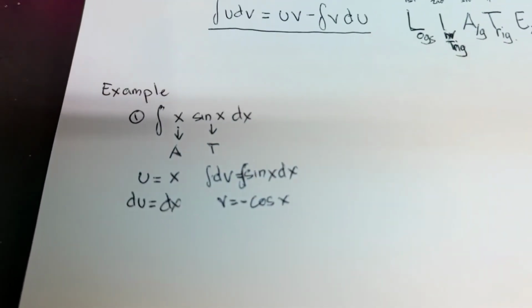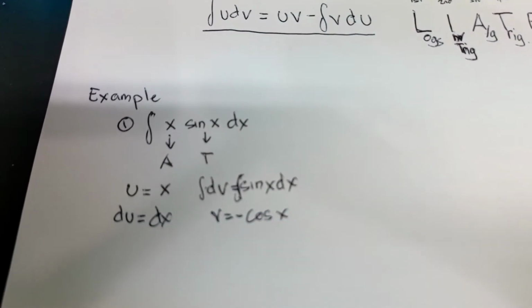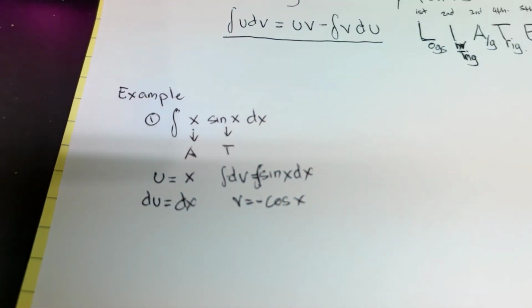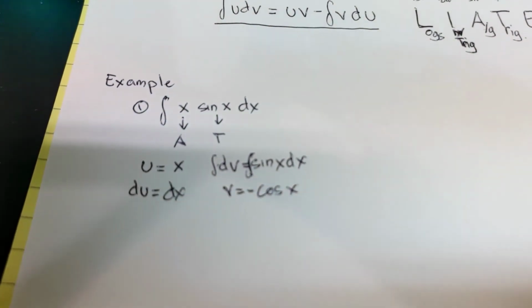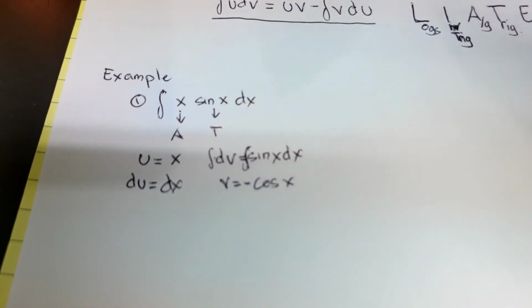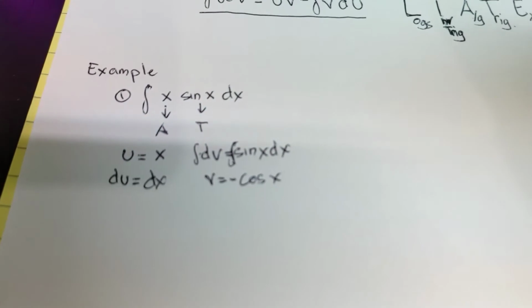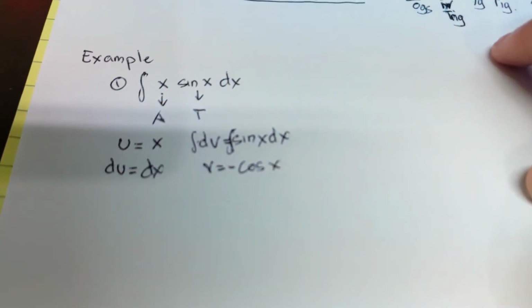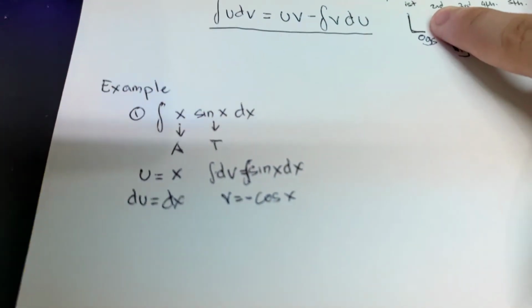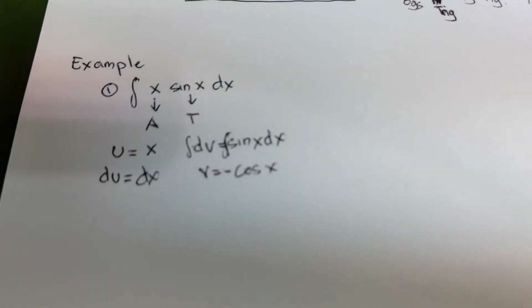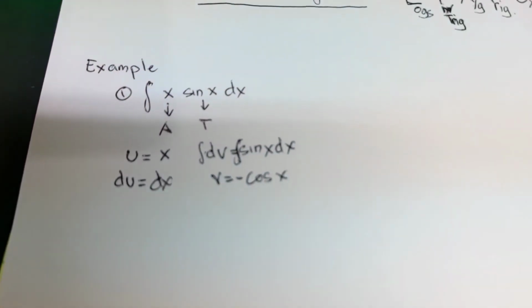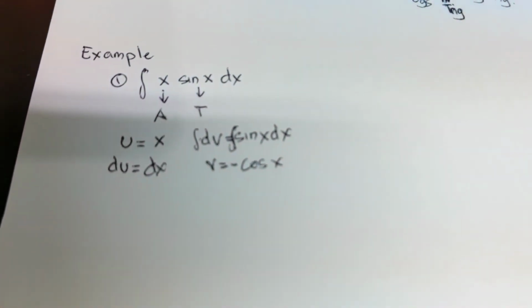So you've got to be familiar with how to get the differential and integral of the function, so you won't be confused and so you won't struggle in integration by parts.